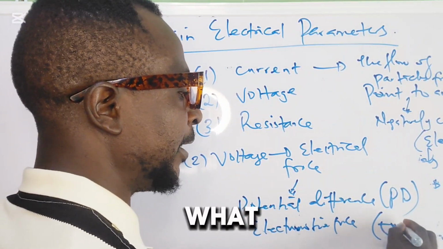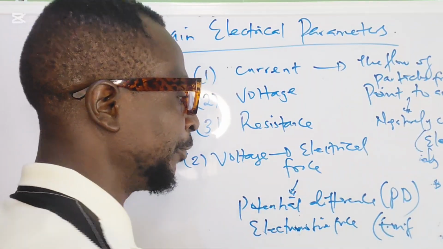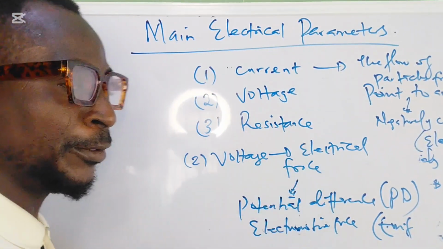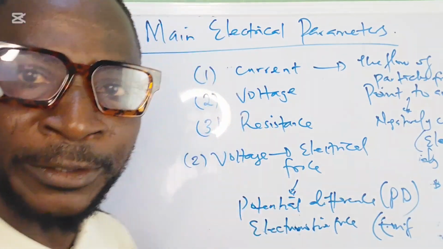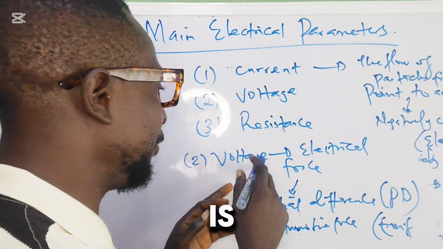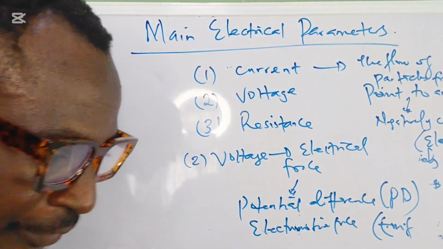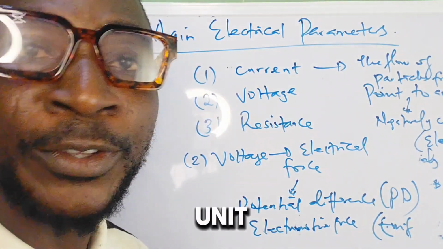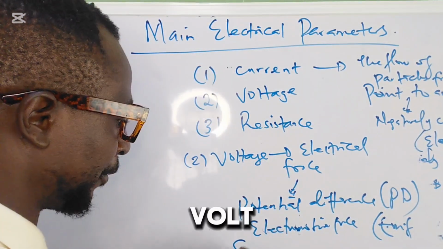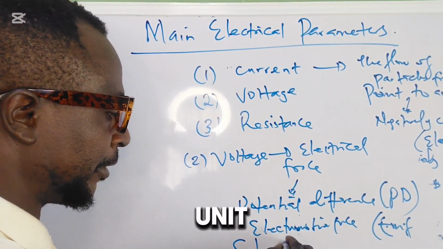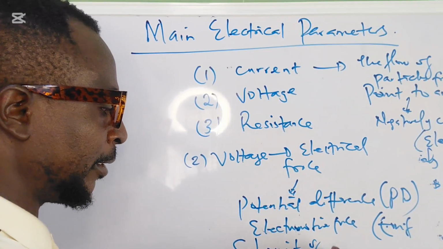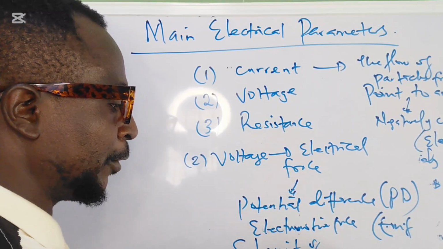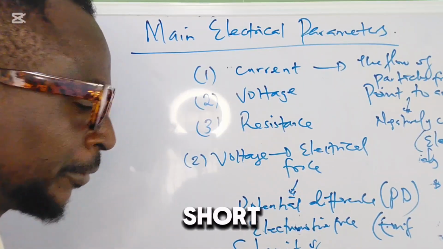They all refer to voltage. So I told you about the potential difference between 2 points. That is voltage. And the SI unit of voltage is the volt, which is V for short.